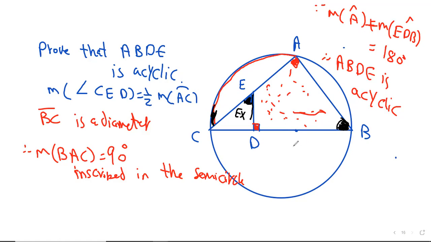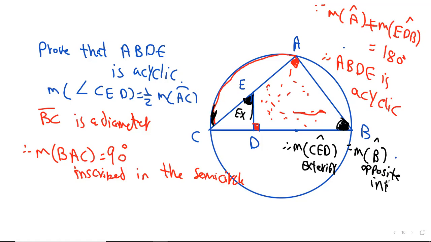So since this shape is a cyclic, then measure of angle CED, the exterior angle, equals the opposite interior, which equals measure of angle B. The exterior angle equals the opposite interior. Look at it again. This angle is the exterior angle and this angle is the opposite interior of this cyclic.